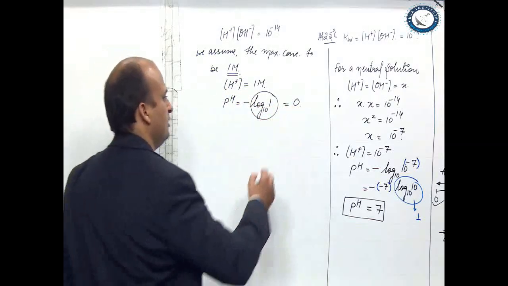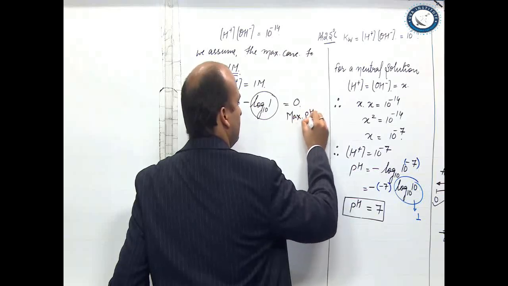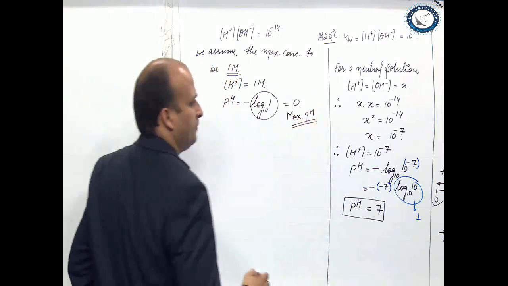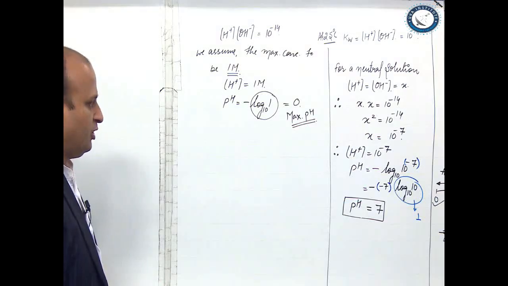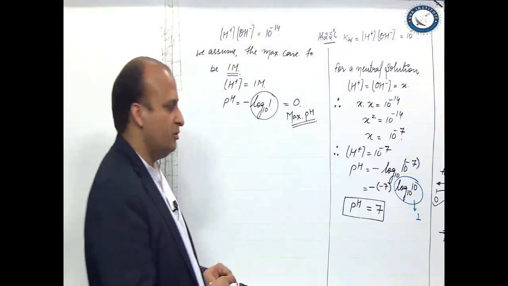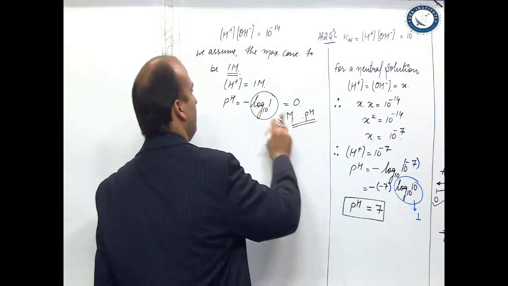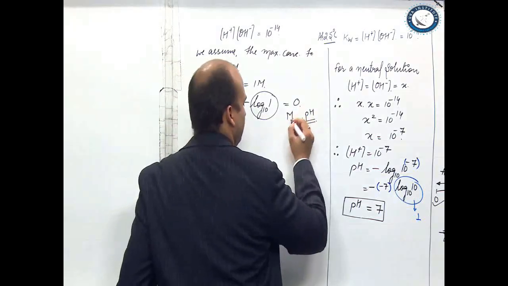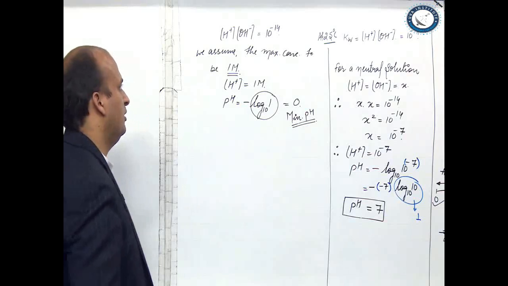Okay, this is the maximum value of pH. Or if you are confused, I can write minimum also. I am saying maximum because the concentration of H plus is maximum, but anyways, this is the minimum possible value of pH.